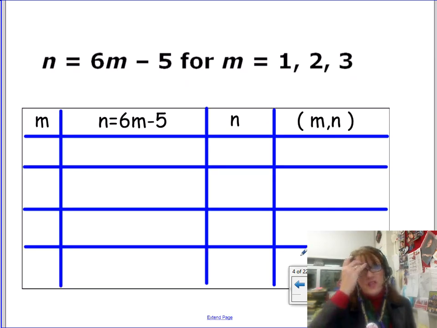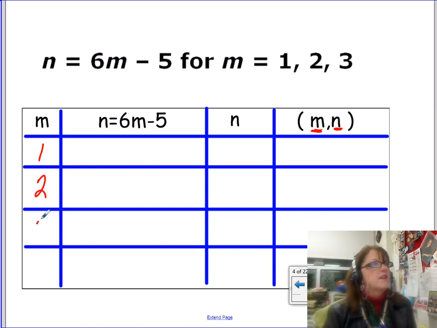Let's take a look at the next example, which now this time they're using different letters, M's and N's, but that's okay. Here I'm giving you in the table that the M comes first and the N is the second one. So we're going to try what happens when M is 1. You plug in a 1 here. You're saying, well, N is going to equal whatever 6 times 1 is minus 5.